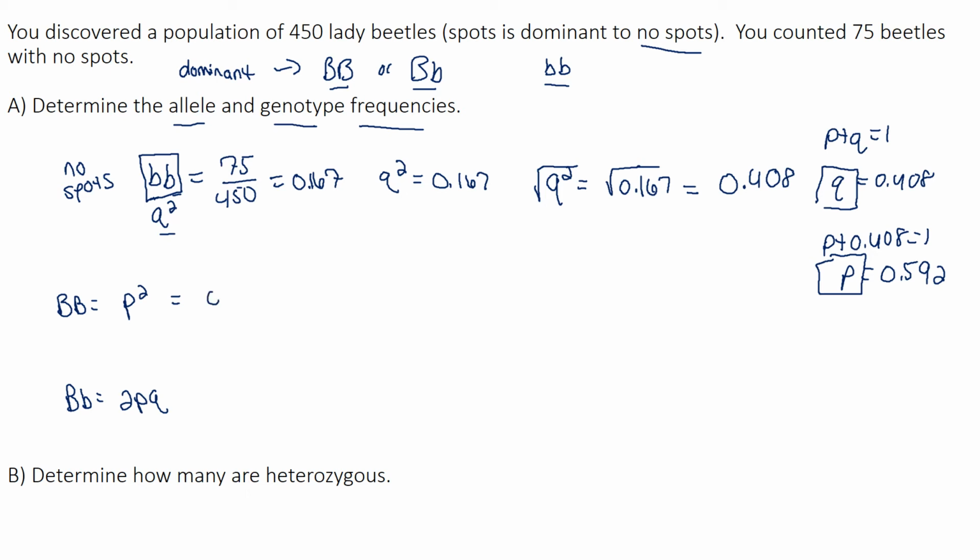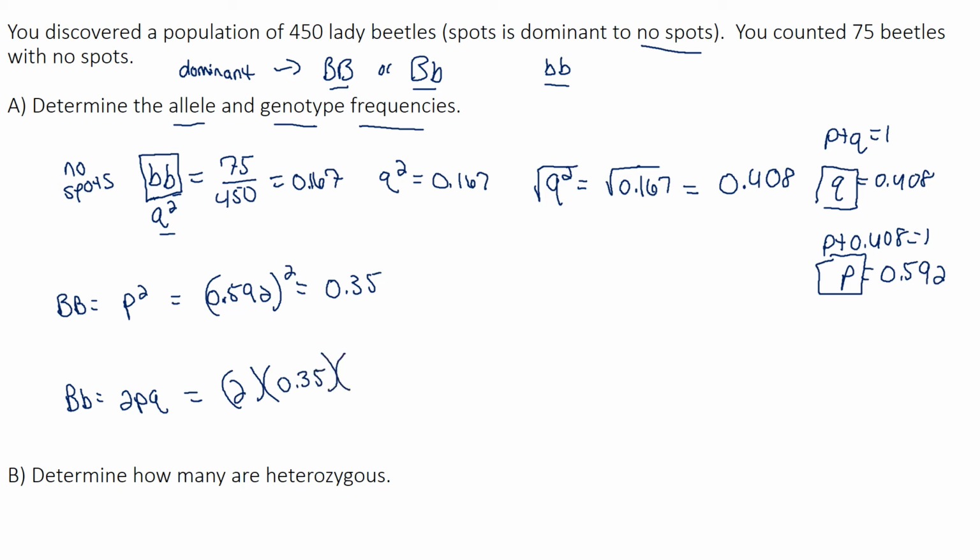For the homozygous dominant, we use p, because we're going to take p and multiply it by p. So 0.592 squared equals 0.35. So we know the frequency of p squared, which is the same as the homozygous dominant.